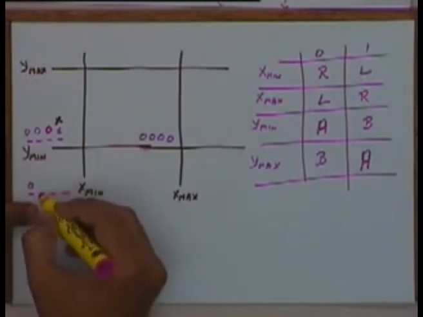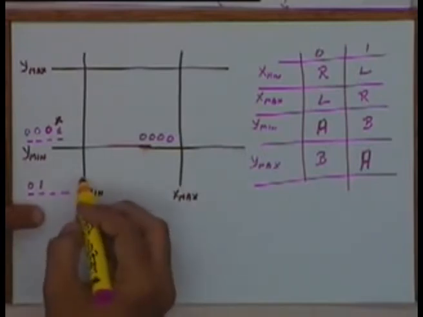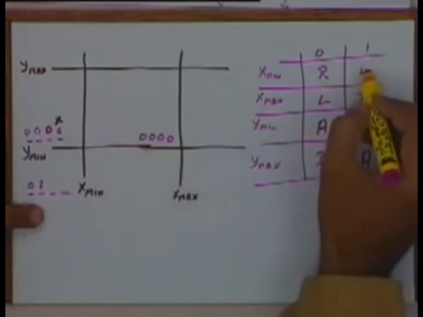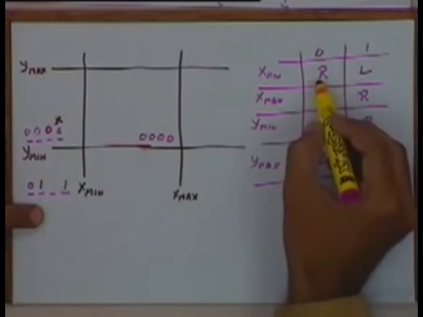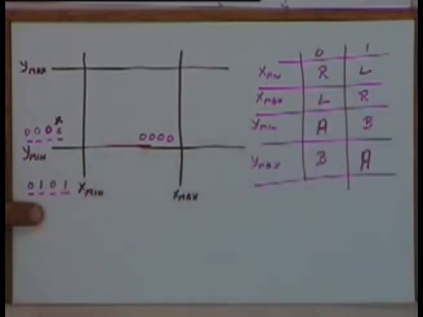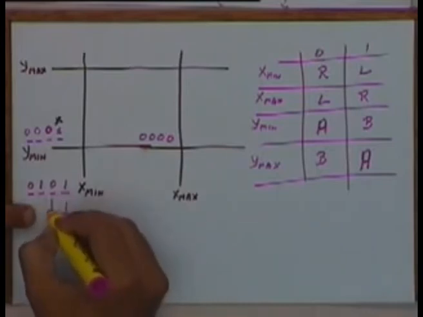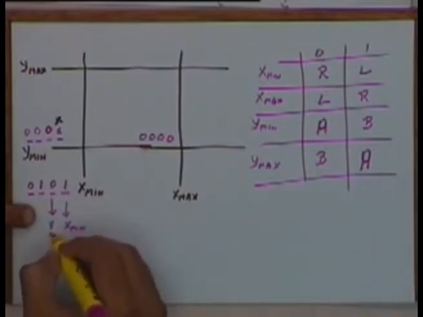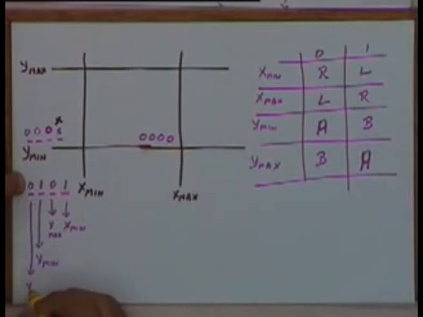It is below y-min, it gets a code of 1. It is to the left of x-min, left of x-min means 1, and it is to the left of x-max also, so it will get 0. So the first bit I am using with respect to x-min, this with respect to x-max, this with respect to y-min, and this with respect to y-max.